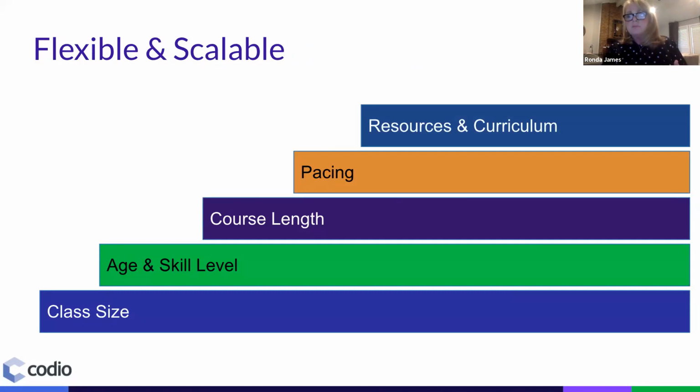We are not a textbook that's been digitized where you're forced to go at a set pace. You create the content, pacing, and course length that fits your program and your students perfectly. As I've mentioned, we have the catalog of resources, but you can also add your own curriculum, delete, mix and match. You can make the perfect course for your students.